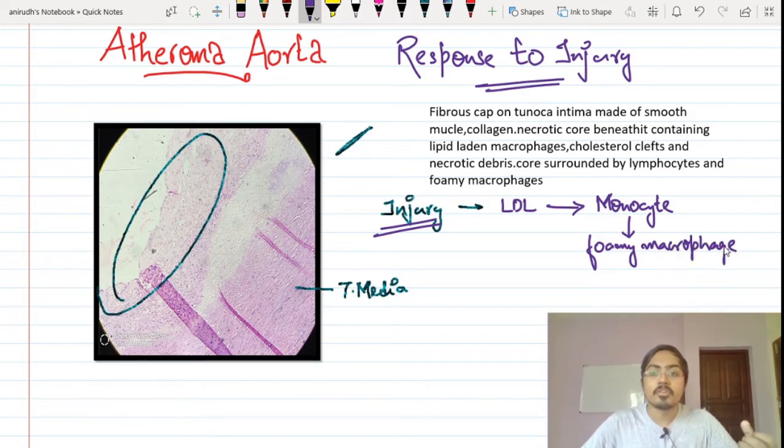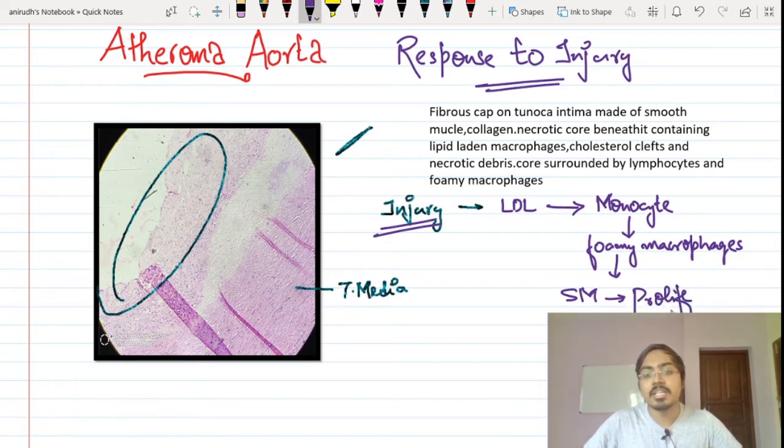So you will get foamy macrophages. That means monocyte has come to that particular area, and that transforms into macrophages, and in these macrophages you will be able to appreciate fat content, right? And after this, the smooth muscle cells will come to that particular area, and they will proliferate.